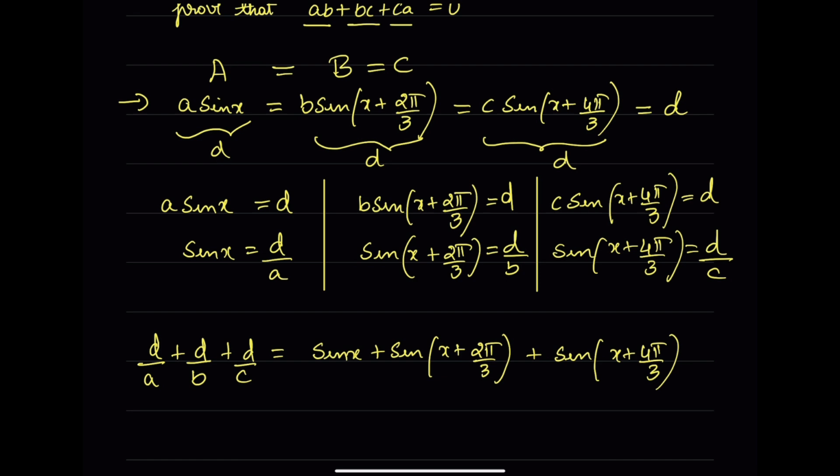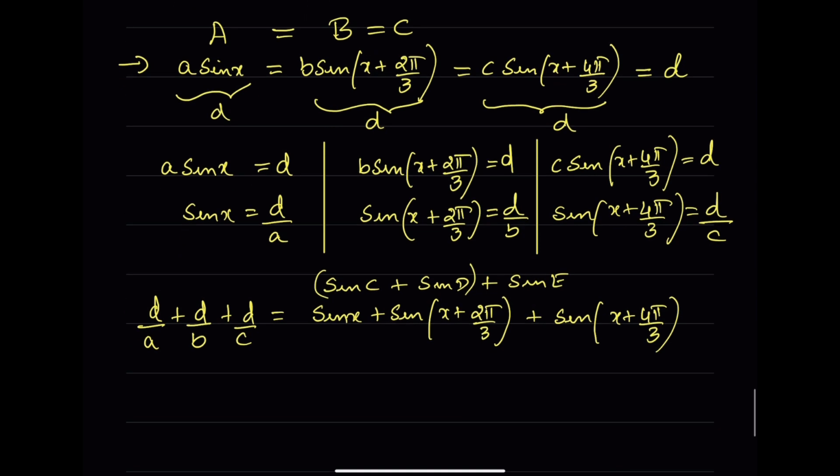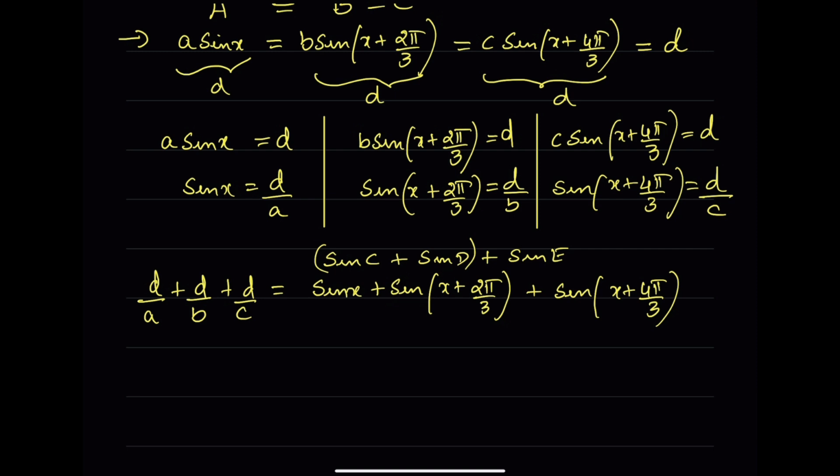Now we have something to work with. This is of the format maybe sin C plus sin D plus sin E. So we can combine two terms together and apply the formula of converting a sum to a product. So let's group sin x and sin of x plus 4 pi by 3 and see what we can achieve here.